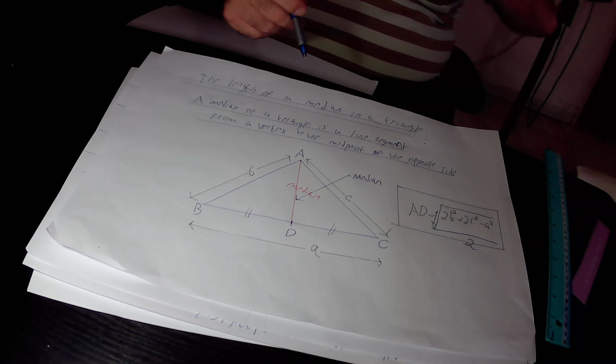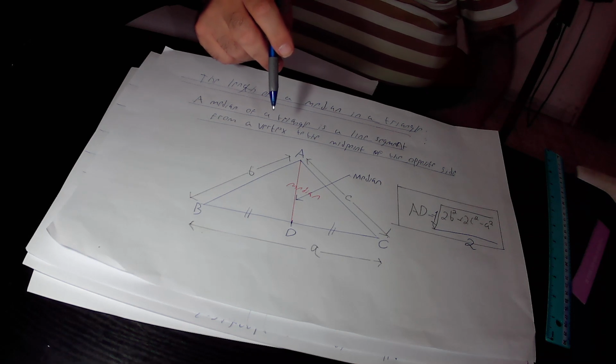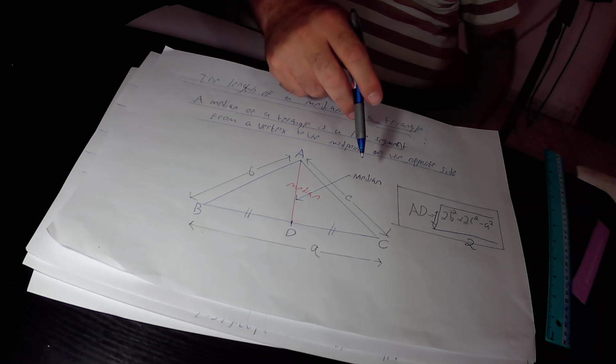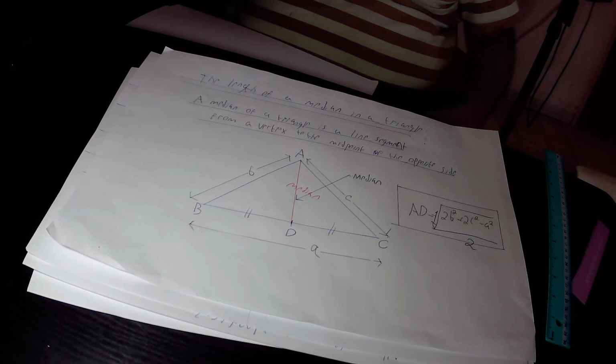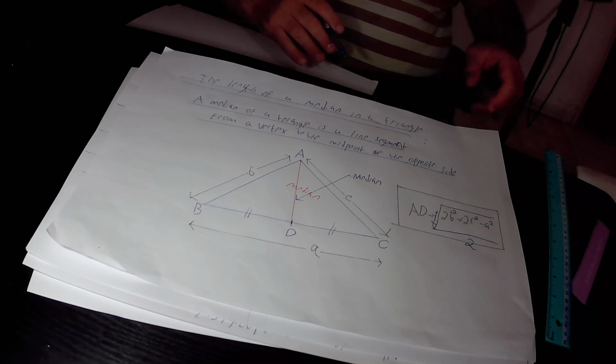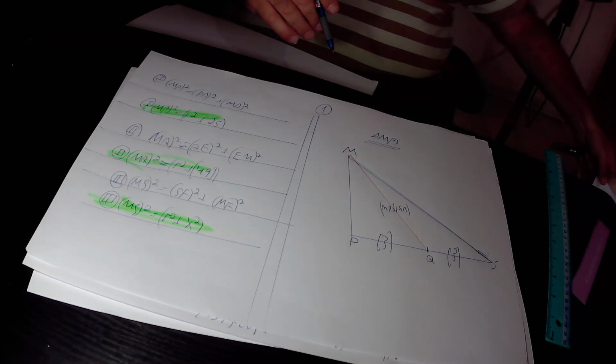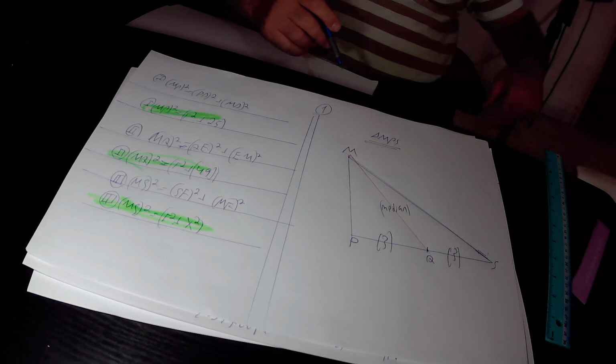So again, the length of the median AD is equal to the square root of (2b squared plus 2c squared minus a squared) over 2. So we use this new formula in order to find the length of the median MQ.